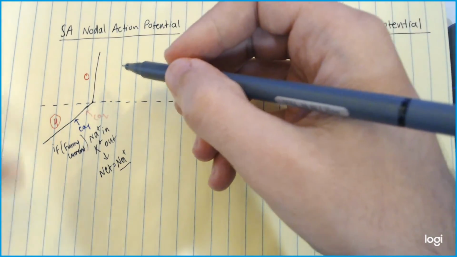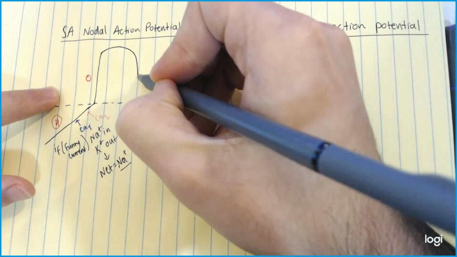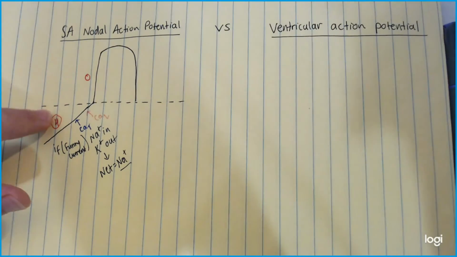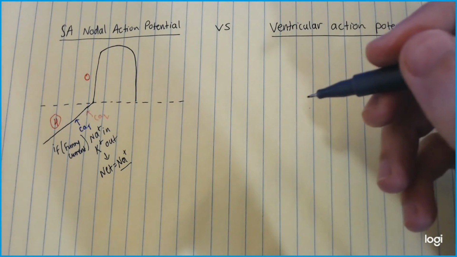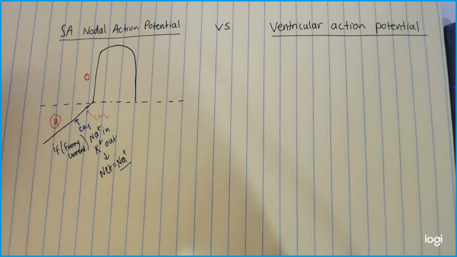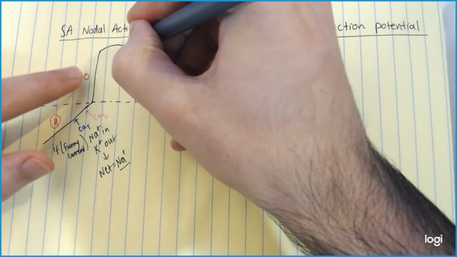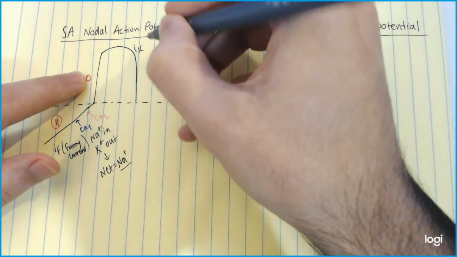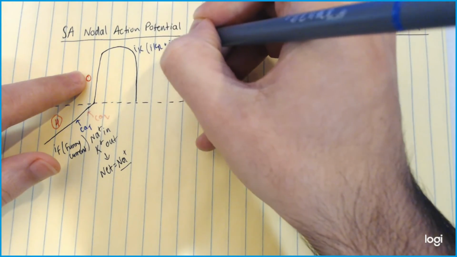Okay, so after the spike, what's the next step? Well, it has to come down. And so in both, you'll see that the come down for the nodal looks like this, and it's going to be different in the ventricular. And so this is due to the potassium channels, so the IK channels. So it's like IKr and IKs.